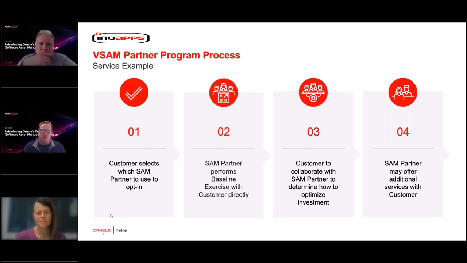We can advise them on how, if there are any issues, and sometimes there aren't. If there are any issues, we can advise that customer how to remediate or optimize or re-architect to the most cost-effective way to bring their software environment in line with what they're entitled to.